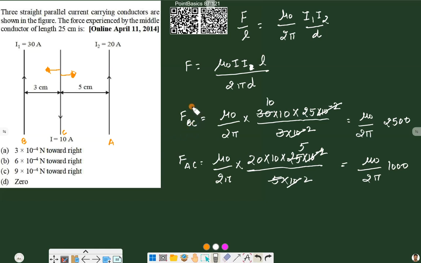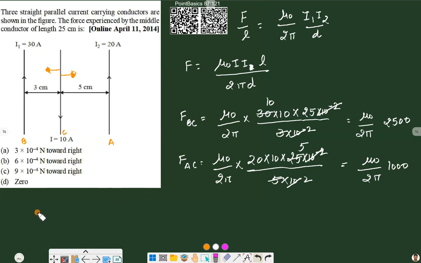So we can say the repulsive force of BC is greater, meaning the force acting on the right side here. BC is acting on the right side, so the force acting towards the right is greater, so the net force should be towards the right. And we have to find the value, and all the answers are towards the right.